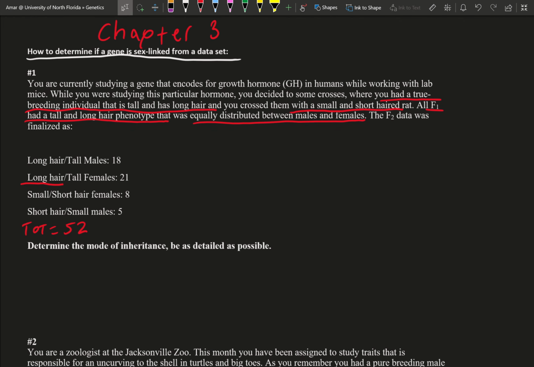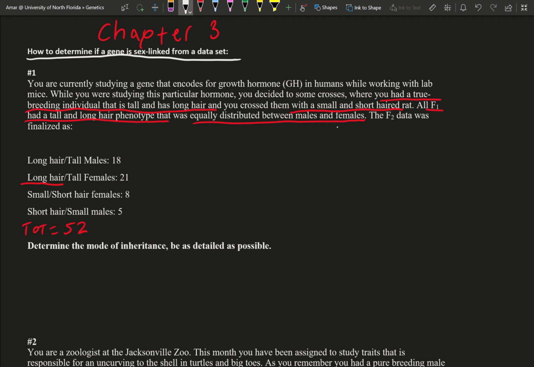The total is 52 individuals. And what I recommend doing for these problems is always finding the ratio of every particular phenotype. The way you find a ratio is you find the proportion first.